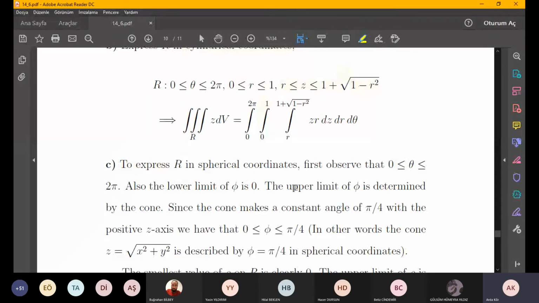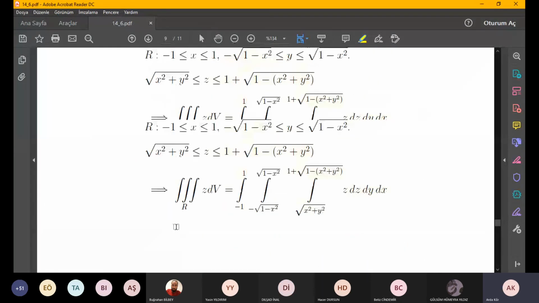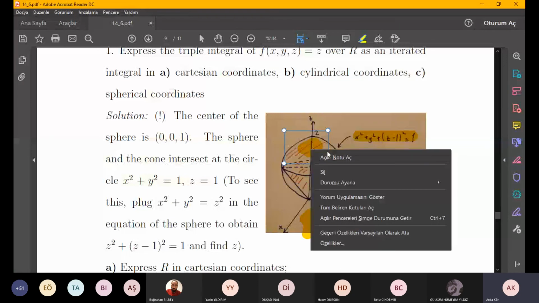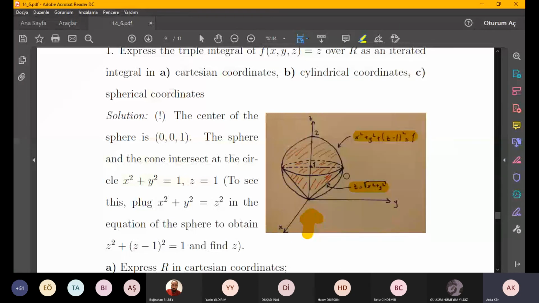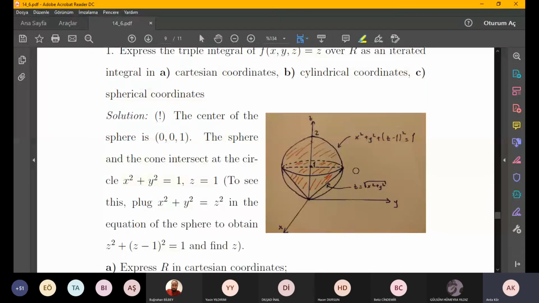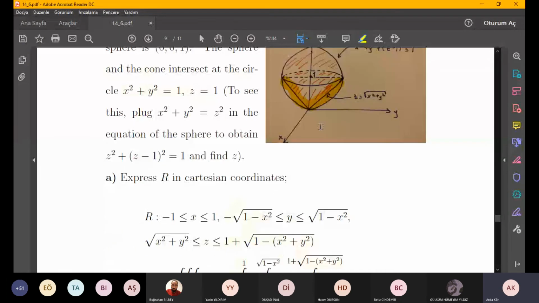So the upper limit of phi is determined by the cone. Let me open the figure here. That will be determined by this cone we have here.